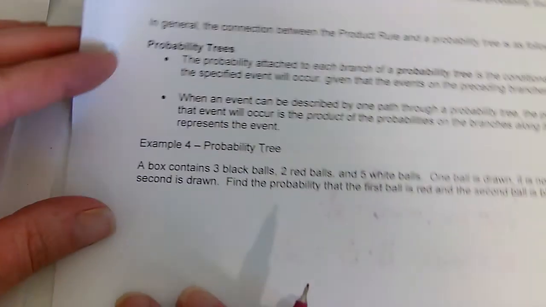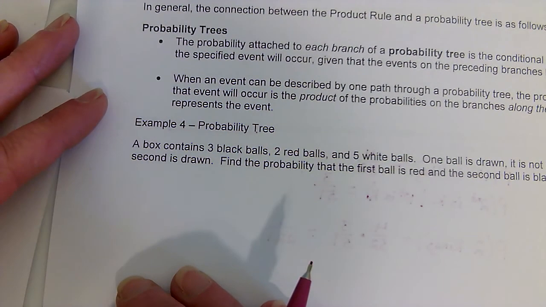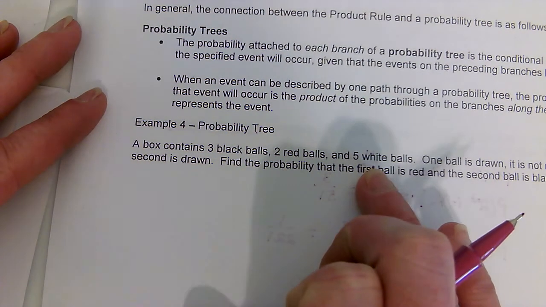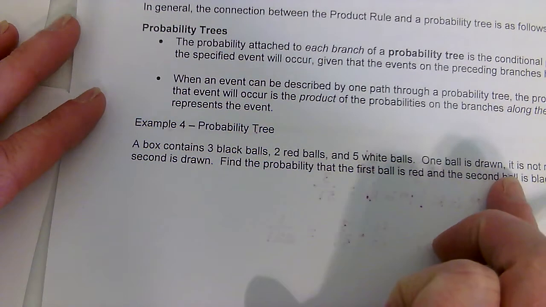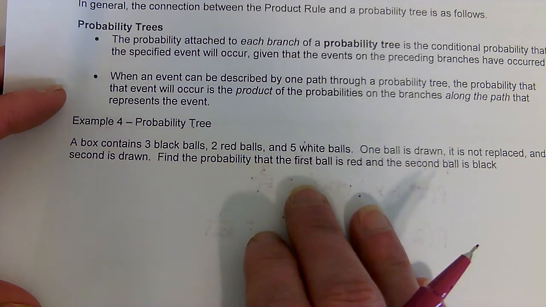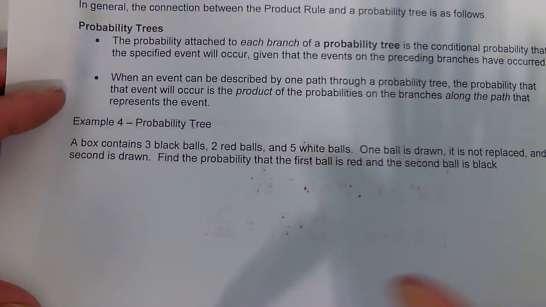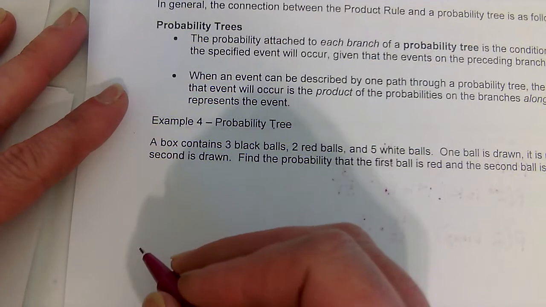But we will. Okay. So a box contains 3 black balls, 2 red balls, and 5 white balls. 1 ball is drawn and is not replaced, and then a second one is drawn. Find the probability that the first ball is red and the second ball is black. Okay, so on the first draw, how many different options could we get?